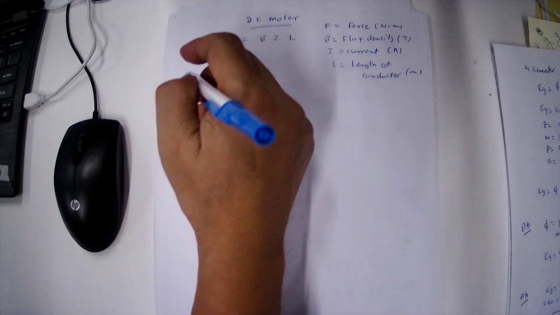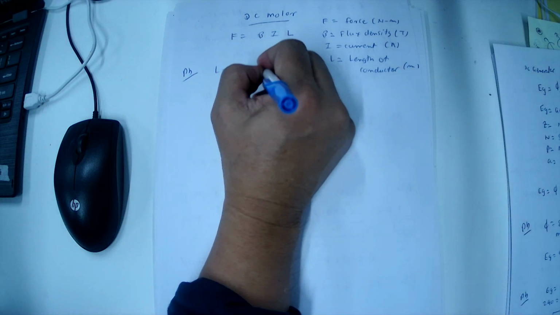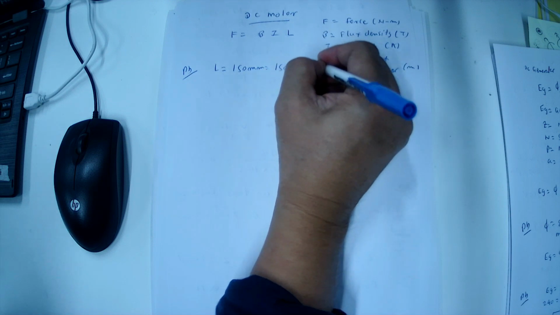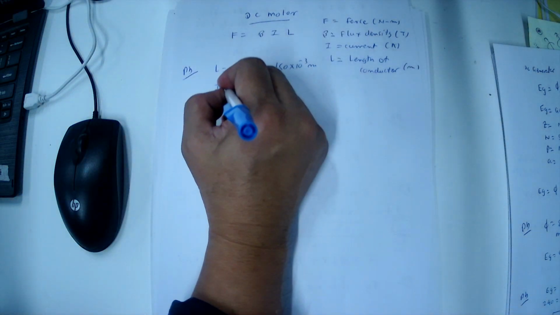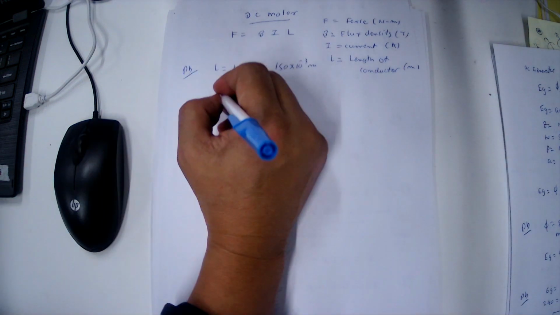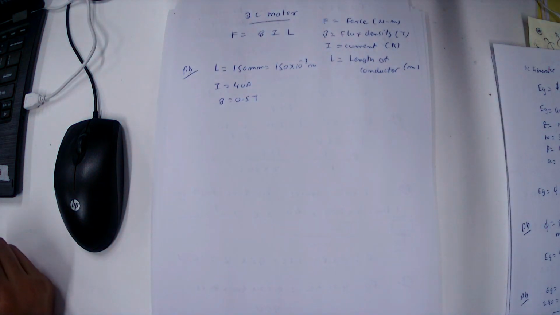The conductor length is 150 millimeter, so 150 multiplied by 10 power minus 3 meter. Current is 40 ampere. Flux density is 0.5 Tesla.